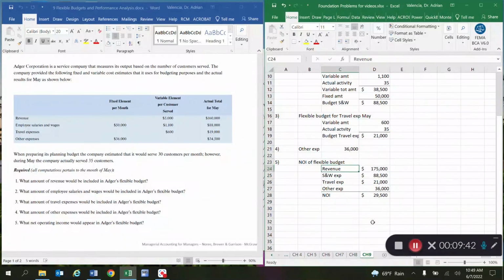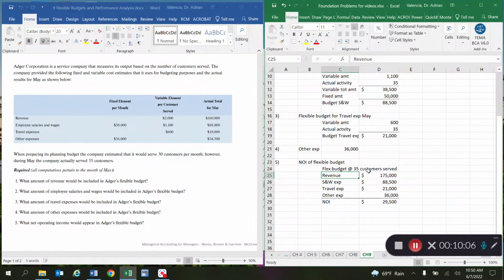I'm going to put a better title to this actually. This is the flexible budget at 35 customers served. The original budget would have been based on 30 customers served.